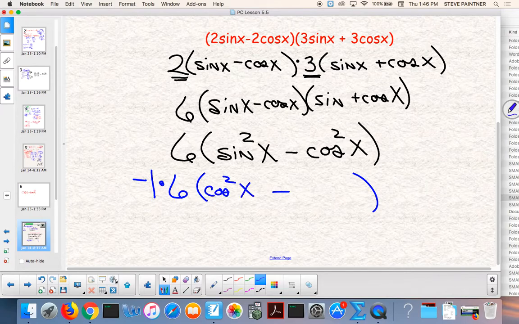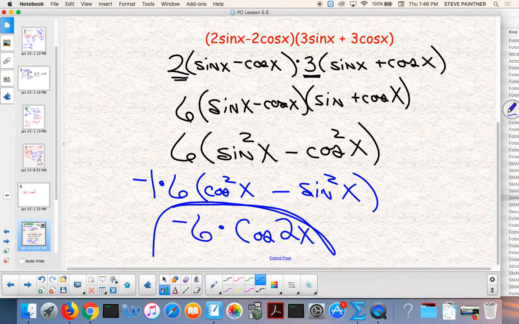I'm going to put the sine squared second. And now you're looking, going, hey, that's cosine squared minus sine squared. That's really just what? Okay, that's cosine of 2x times -6. There. We just got rid of all the signs. Yes, signs are gone. We just got cosine.